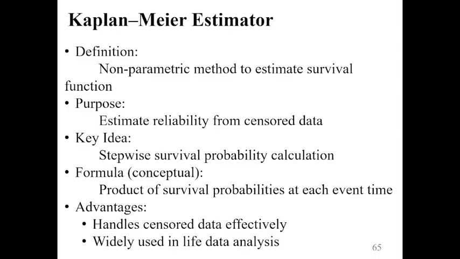It works by calculating the probability of survival at each observed failure time and then multiplying these probabilities together to obtain an overall survival estimate. This results in a stepwise survival curve that decreases at each failure event.